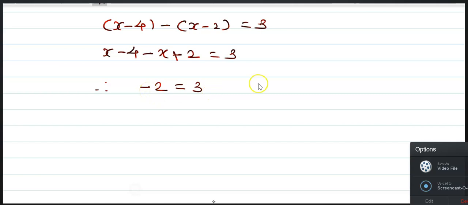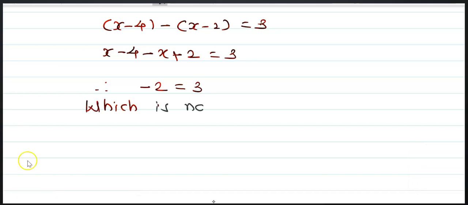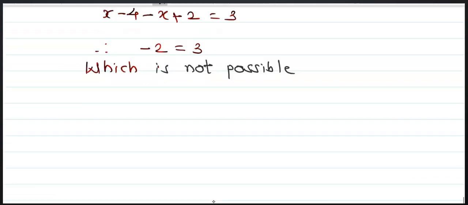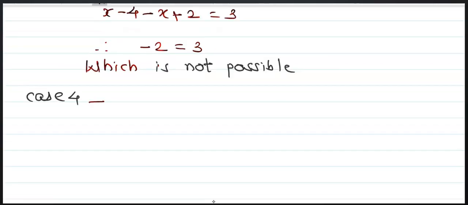Sorry, by mistake I had written it wrongly. After simplification, minus 4 plus 2 gives minus 2, and that equals 3, which is not possible. Therefore we do not consider this case.